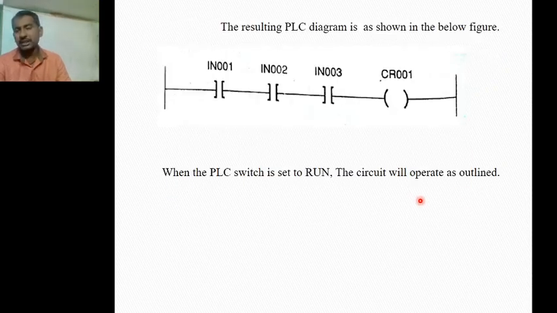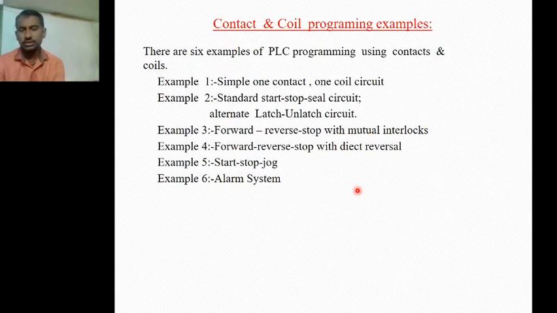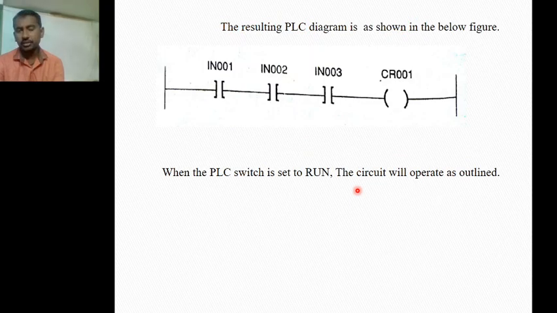Then the resulting PLC diagram is IN001, IN002 and IN003. By observing this, all are normally open contacts. So only when all contacts are closed, that is, when all contacts are on, will the output be on. So this is the example operation procedure. When the PLC is set to run, the circuit will operate. This is about the operating procedure.